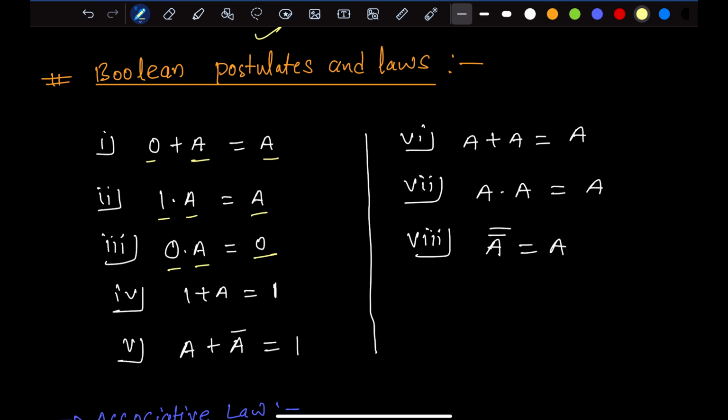Just keep in mind: 1 plus a is 1, a plus a bar, or a complement, is 1, and a plus a is a. 1 plus 1 will become 1, right? And a dot a is a, and the double complement of a is a.